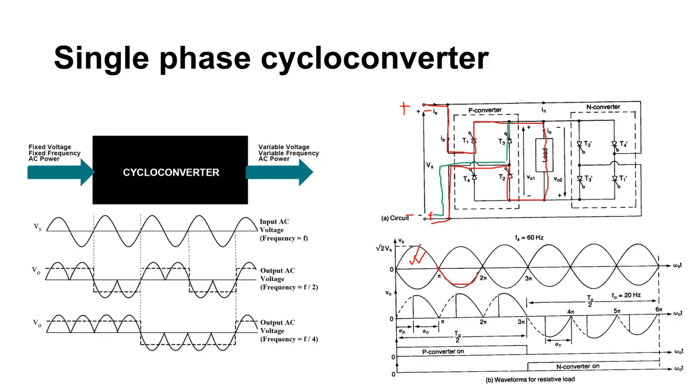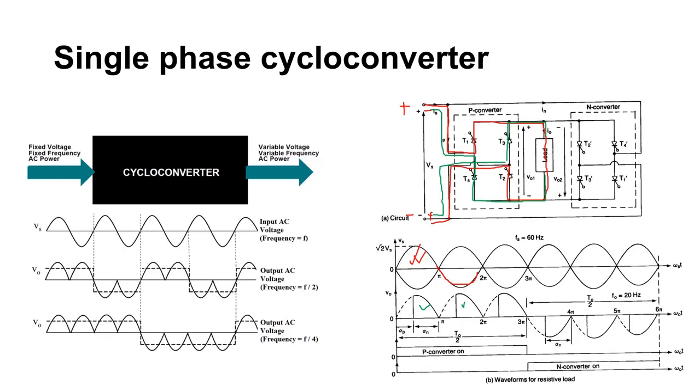It goes here and then again enters from the top and leaves the load like this. So you see the output voltage is like this. Depending on the frequency that we want, in this particular example the output frequency is 3 times smaller than the input frequency, so it's 1/3 of the input frequency.